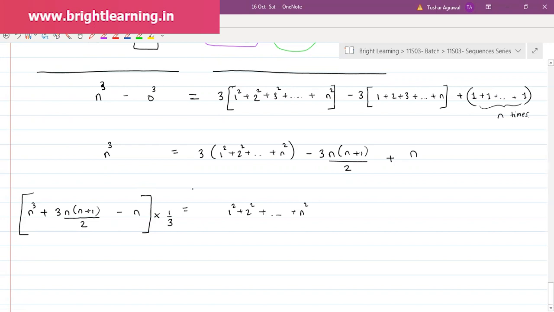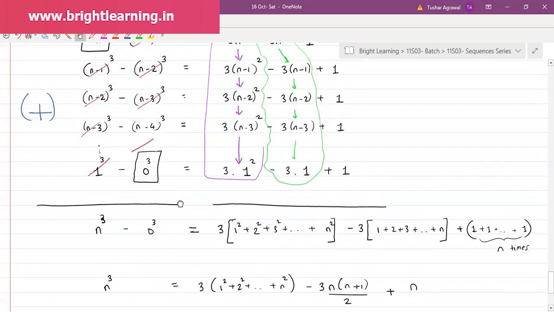Okay. Now this is just simplification of algebraic expressions. This part I leave it to you. To simplify this, factors can be calculated and you will get the identity. Which identity?